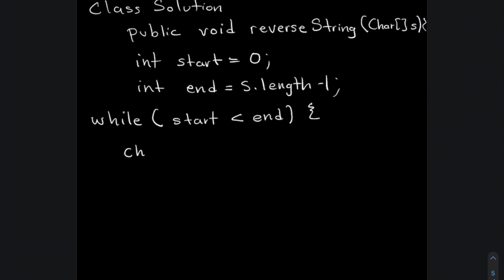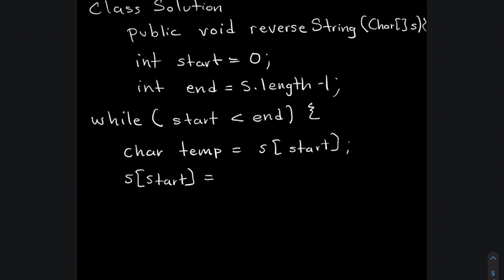What I'm going to do is save the current value at whatever the start pointer is. And then after that, we'll take that spot and swap it with whatever is pointing at the end one.